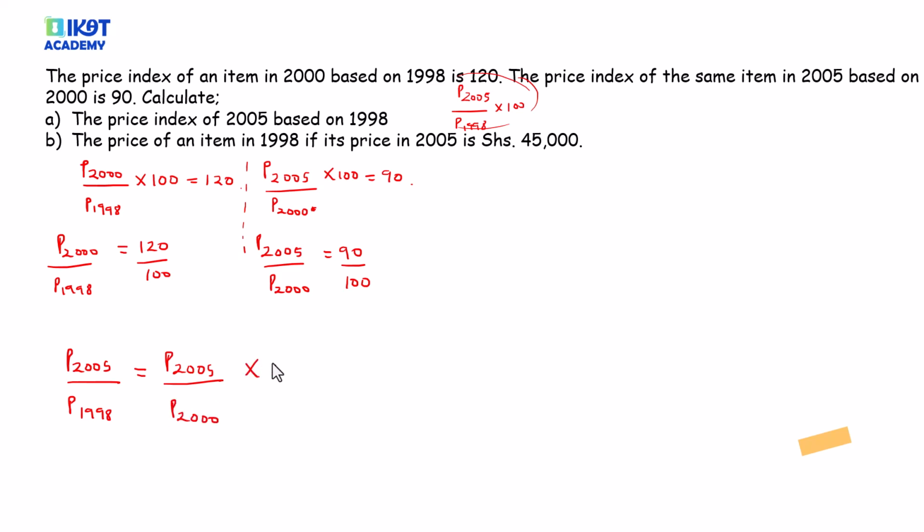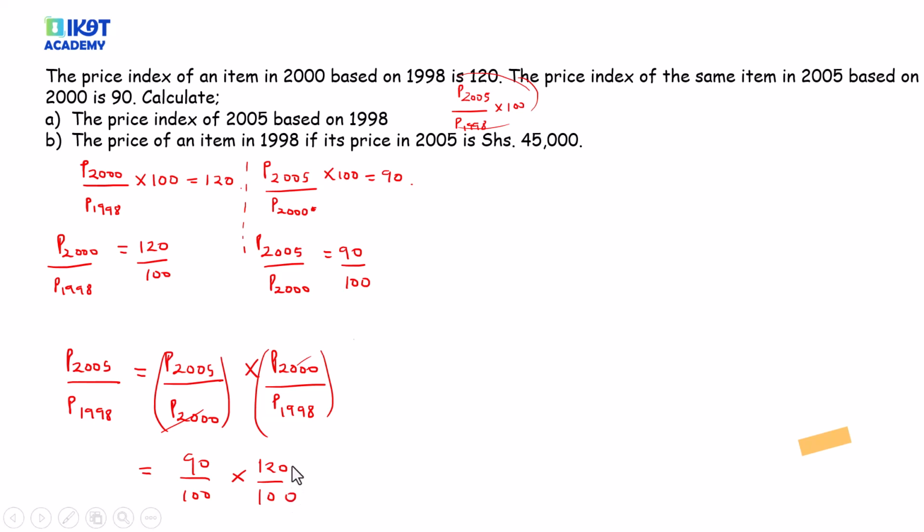Now to eliminate this 2000, you put it up here in the numerator of 1998. So 2005 out of 2000 is 90 out of 100 times 2000 out of 1998, which is 120 out of 100.